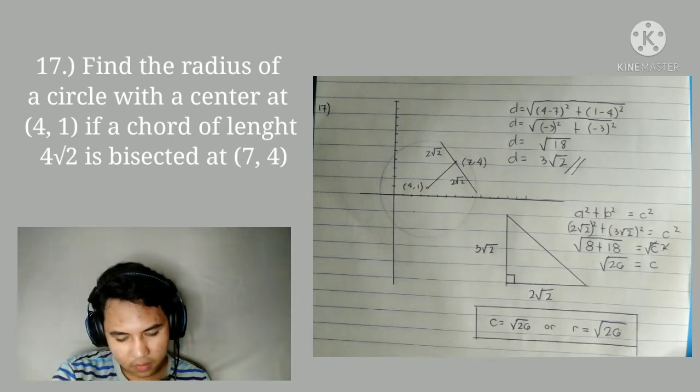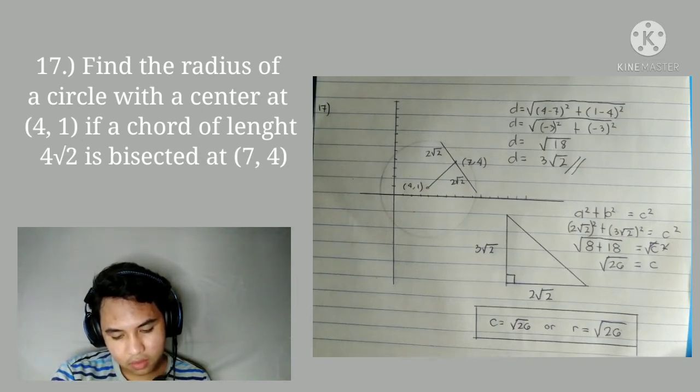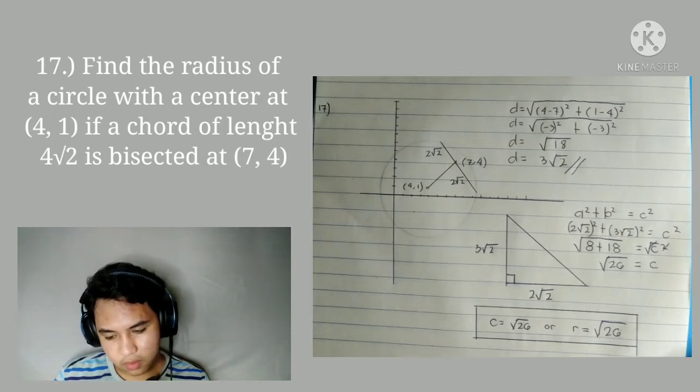So we have distance equal to the square root of (4 − 7) squared plus (1 − 4) squared. So the distance is the square root of (−3) squared plus (−3) squared, which is 9 plus 9. So we have the square root of 18, which is 3√2.